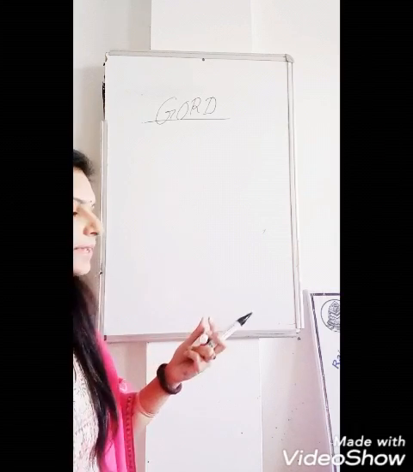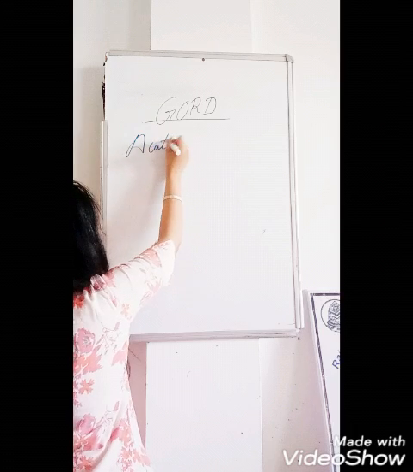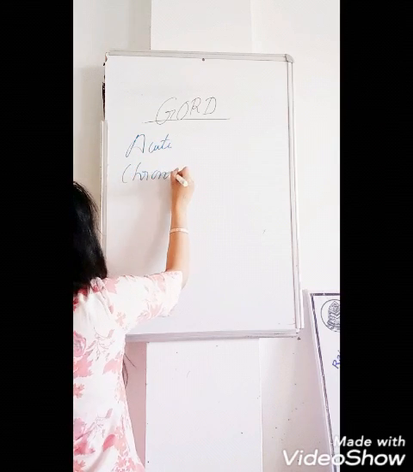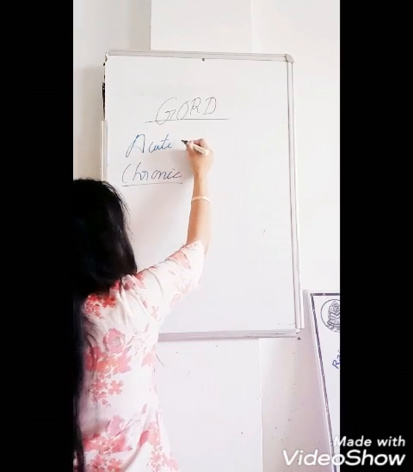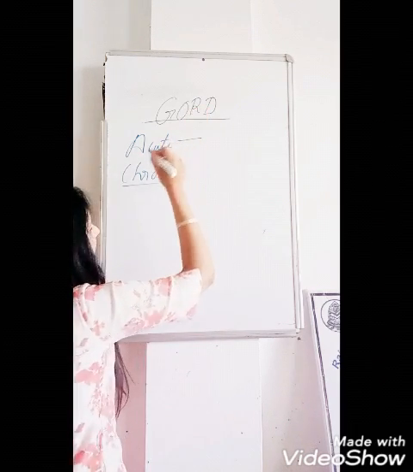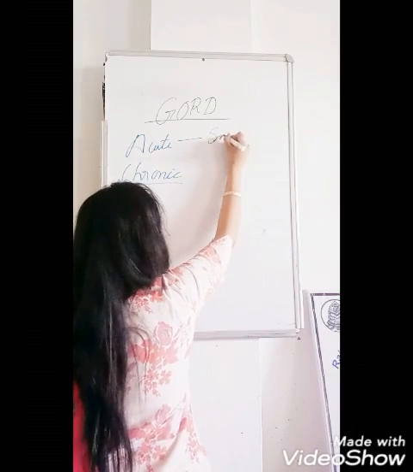So GORD is classified into acute and chronic. The acute gastroesophageal reflux disease can occur due to factors like smoking.